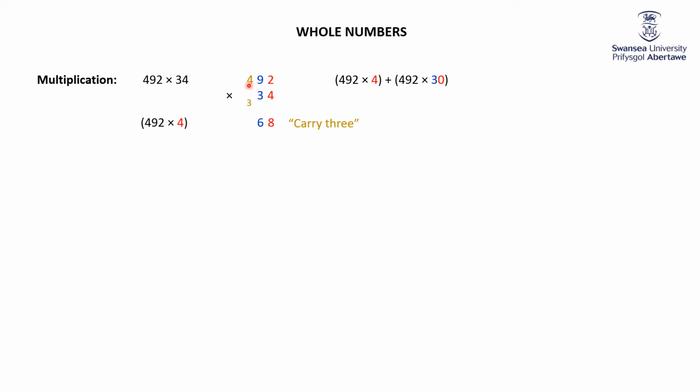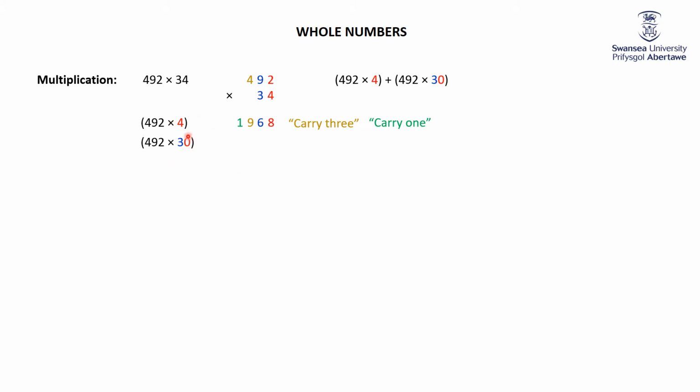Now let's do 4 times 4, which is 16, plus the 3 that we just carried over. So 16 plus 3 is 19. So we'll put the 9 there and carry the 1 into the next column. So 492 times 4 is 1,968.